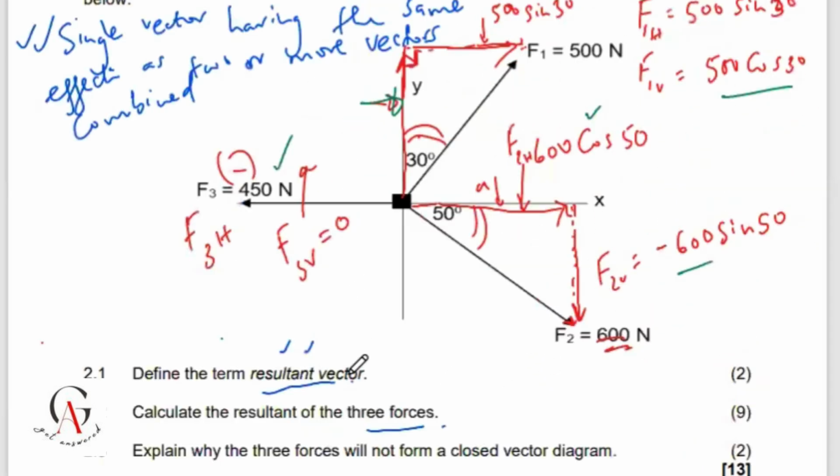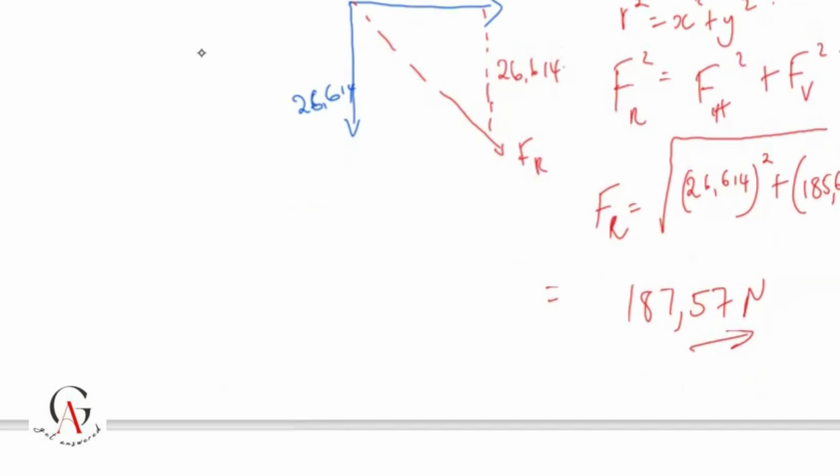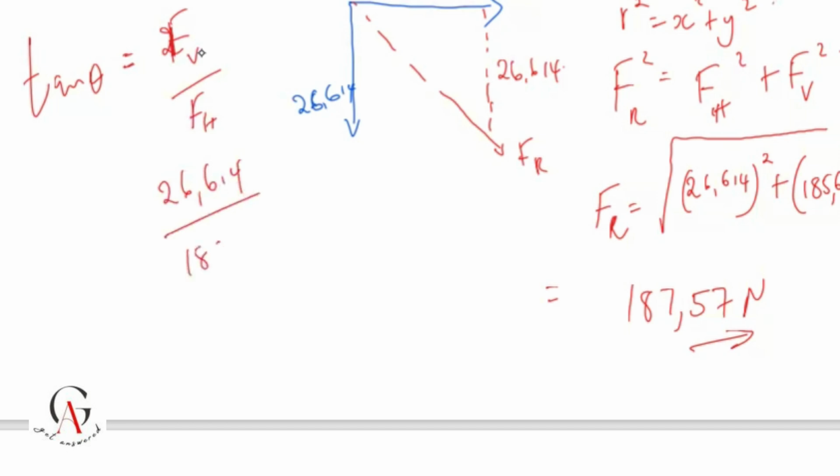Then we need to give the direction as well. So for us to get the direction, remember our tan theta must be the opposite over the adjacent. So our opposite is 26.614, or the vertical. So normally I say vertical over horizontal, which is 26.614 over 185.675, is equal to the tan of theta.